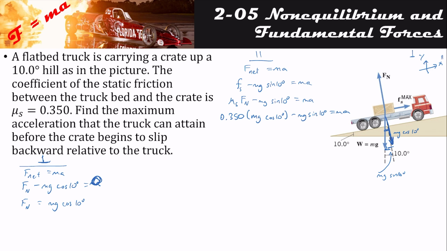However, I see I have a mass everywhere, so I could divide both sides by the mass, and then the mass is going to cancel out. So let's fill in the 9.8 for g, because we assume our truck is on Earth.